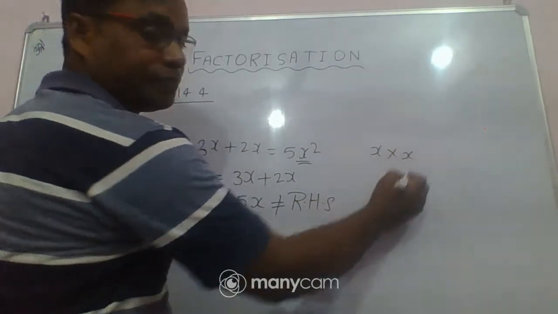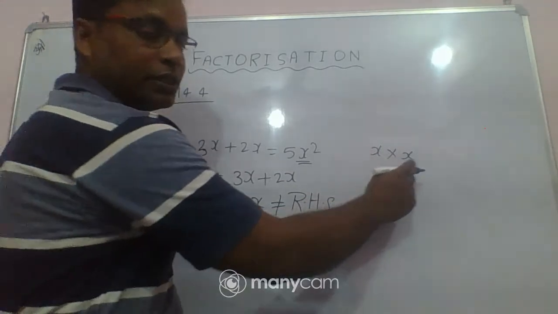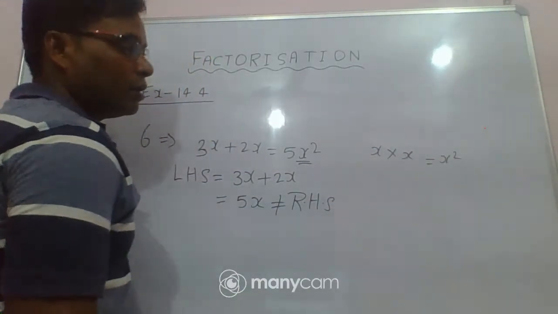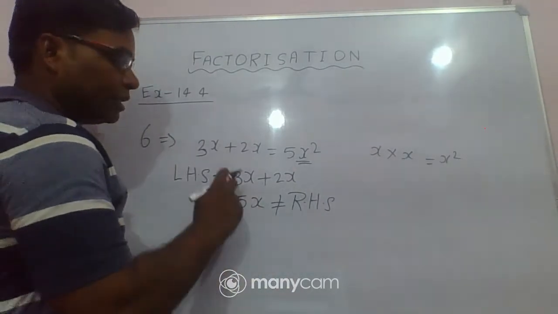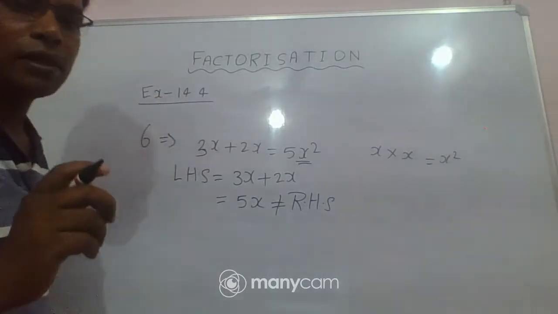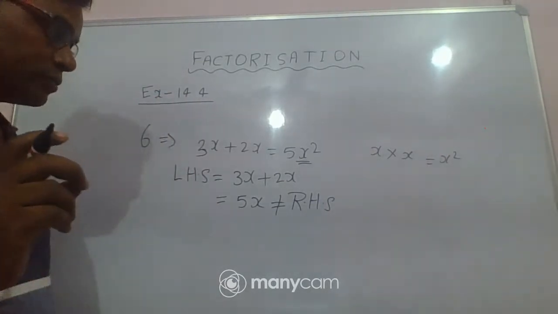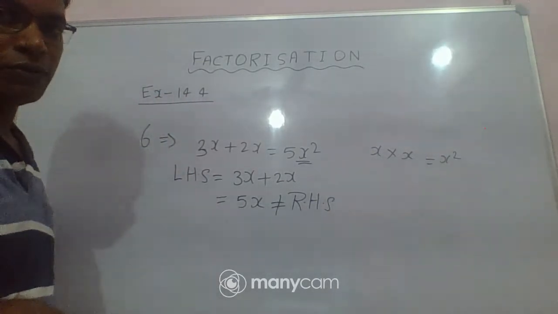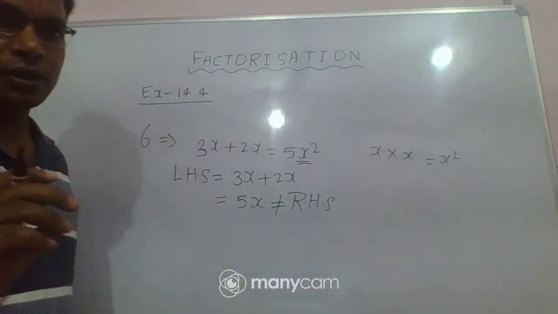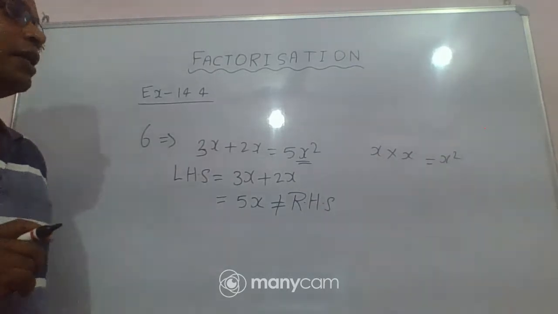You know very well that when 2 x into x, then it becomes x square. Clear? But here it is 2x plus 3x. In the case of addition, we add only the coefficients of variables.